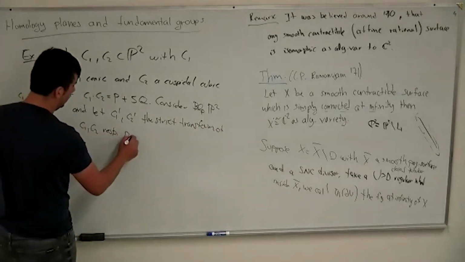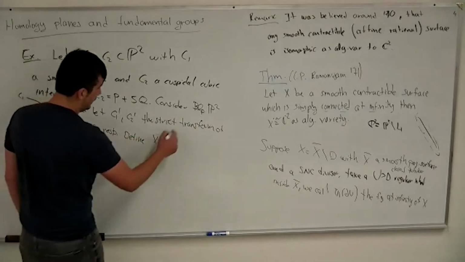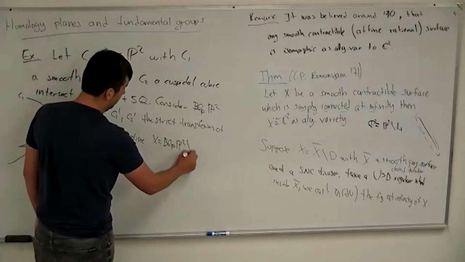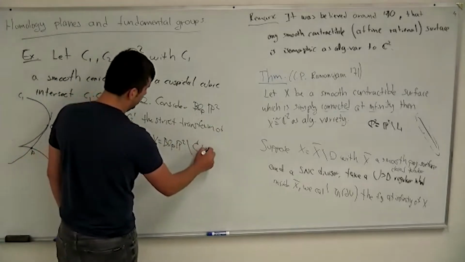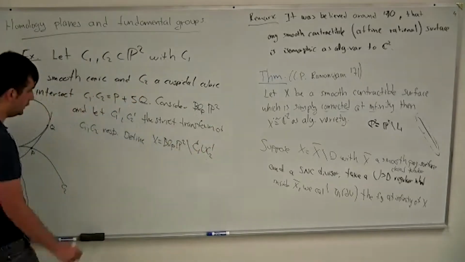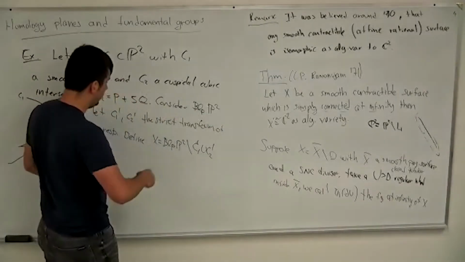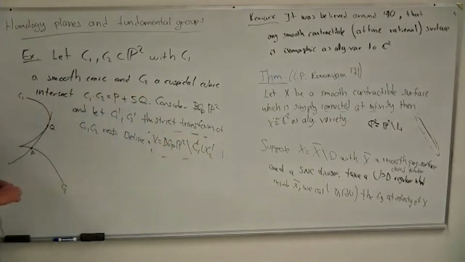And we will define X as this blow up at P minus this strict transform C1 union C2. So this is the Ramanujan surface that I'm going to be talking about in this first part of the talk.